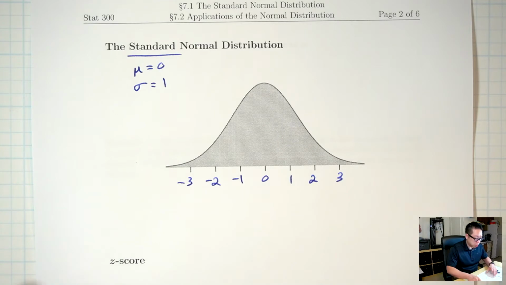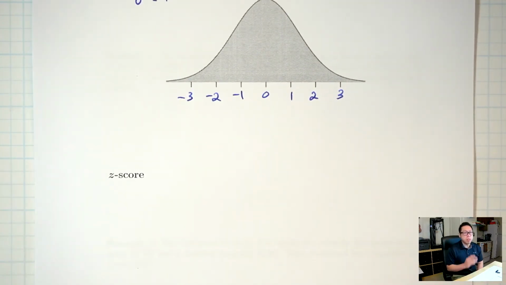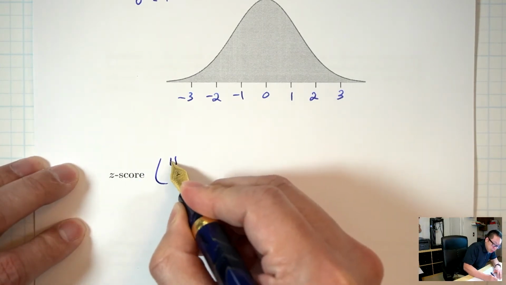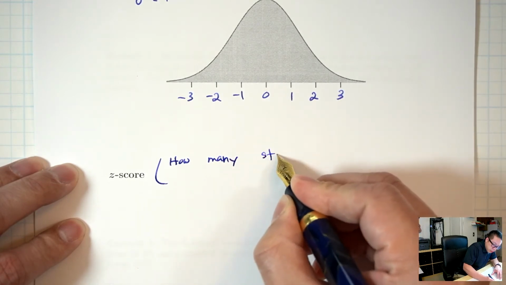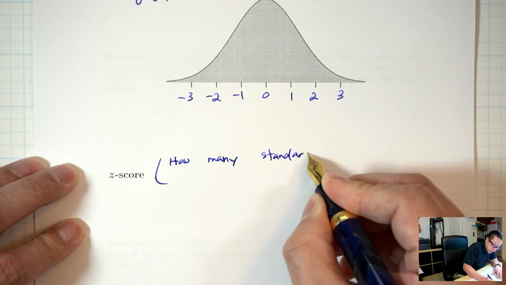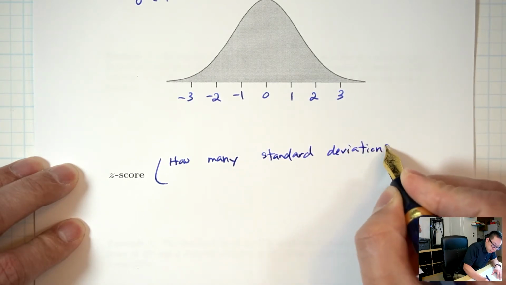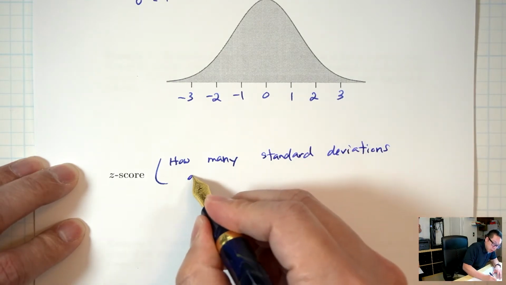And to answer that question, we need the second idea, which is the z-score. So this we've seen before briefly in the first unit also. The z-score is going to count how many standard deviations or how many steps you are above or below the mean.